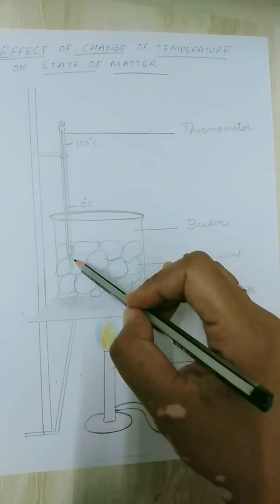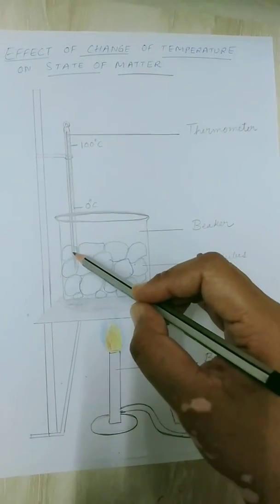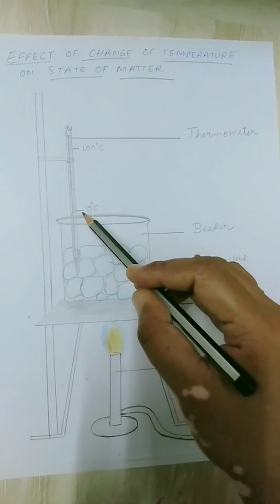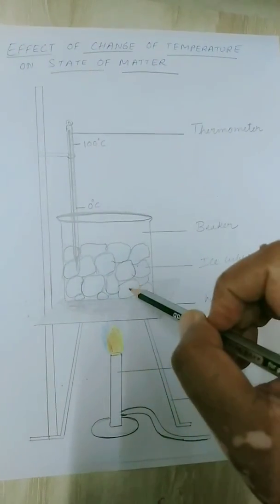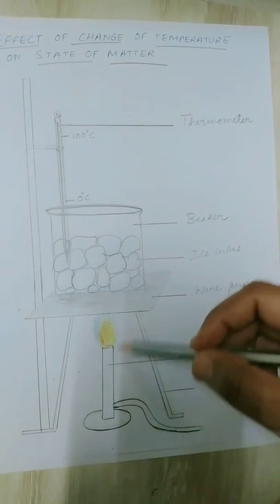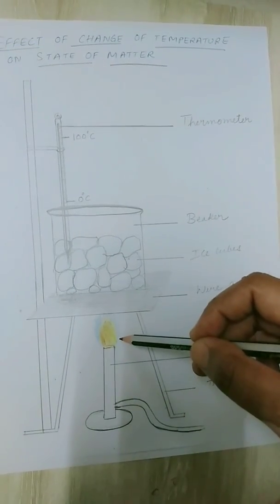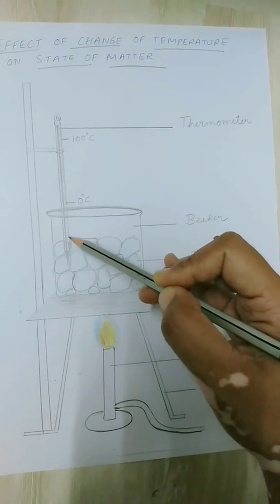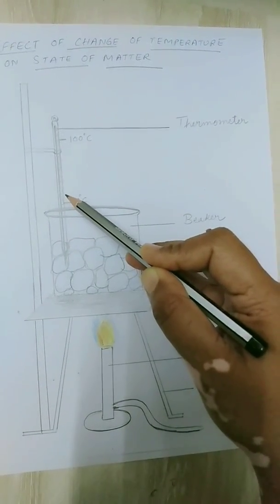We can see this as the temperature rises from below zero degrees centigrade to 0 degrees centigrade. Here you provide heat energy to the ice particles, and you can see the temperature increases from below 0 degrees towards 0 degrees.